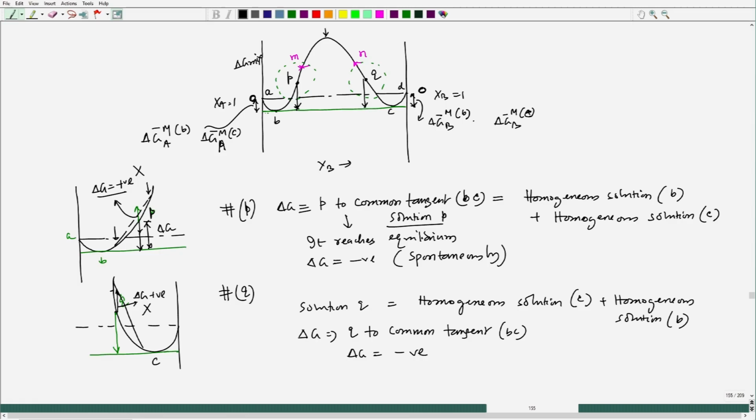Now, as we go from P and move up, if I take different compositions, we will see that the weight fraction of solution of composition B and the weight fraction of solution of composition C will vary, but the compositions would remain the same.